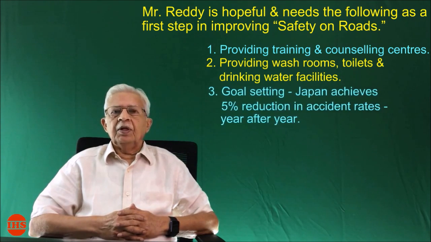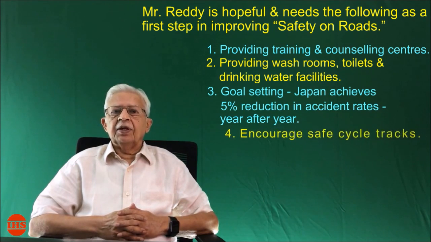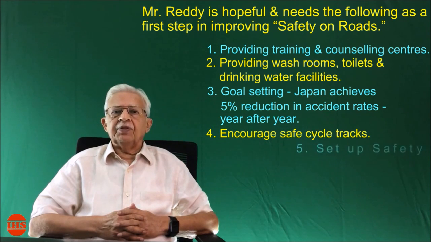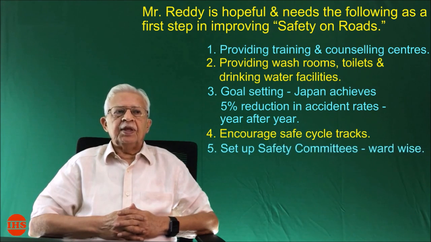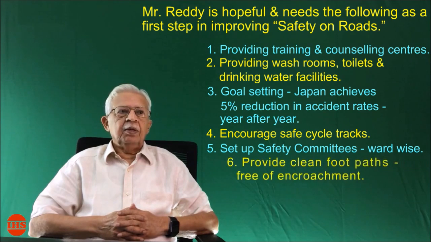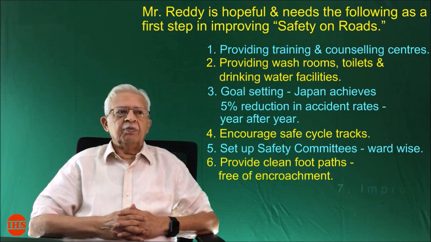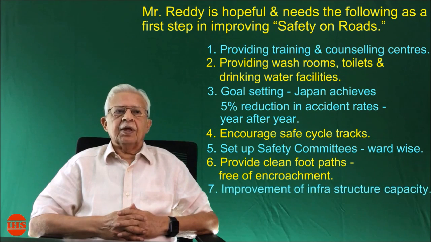Japan achieves 5% reduction in accident rates year after year. Number 4. Encourage safe cycle tracks. Number 5. Set up safety committees ward-wise. Number 6. Provide clean footpaths free of encroachment. Number 7. Improvement of infrastructure capacity.